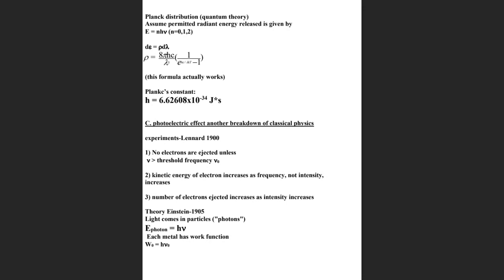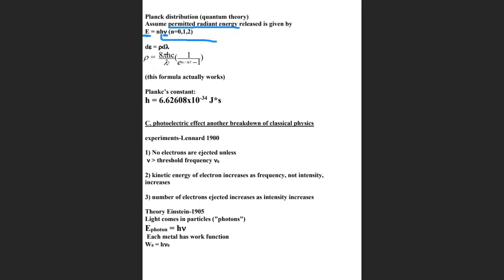Planck fixed the problem by assuming that the permitted radiant energy coming from the hot object is given in such a way that the energy that is released is a multiple of the frequency. In fact, the allowed values of n in this equation are 0, 1, 2, 3, 4, 5, 6, 7.